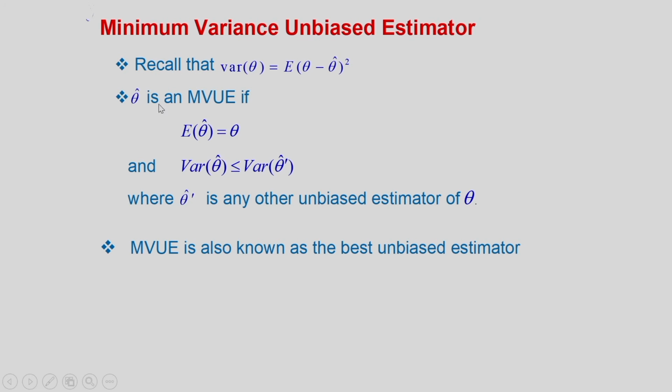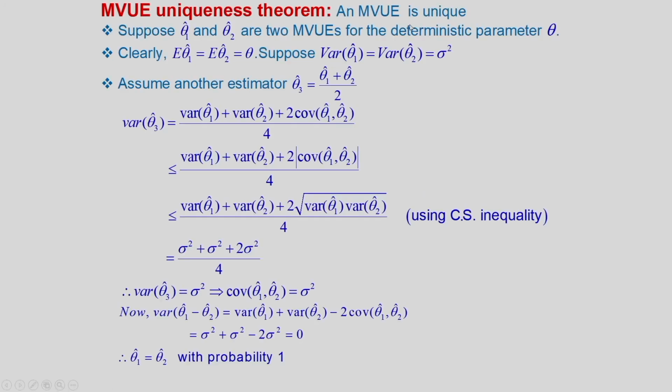Theta hat is an MVUE if E of theta hat is equal to theta and variance of theta hat is less than or equal to variance of theta hat dash, where theta hat dash is any other unbiased estimator of theta. MVUE is also known as the best unbiased estimator because its variance is lowest.